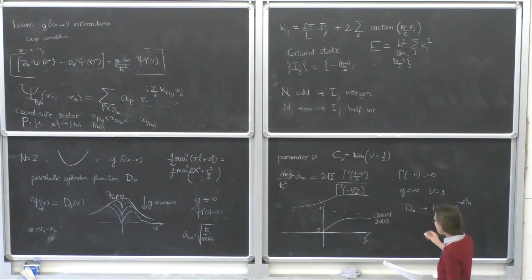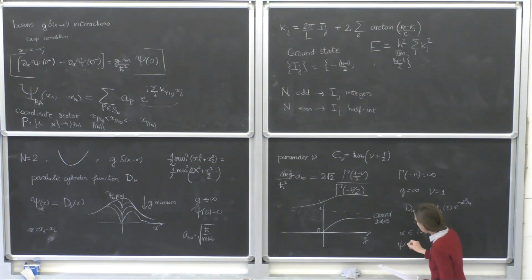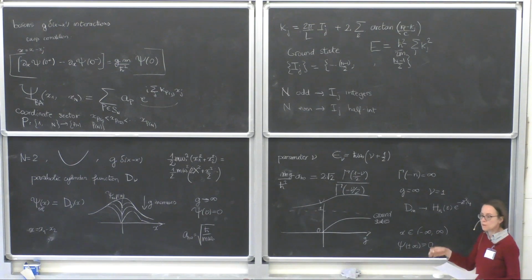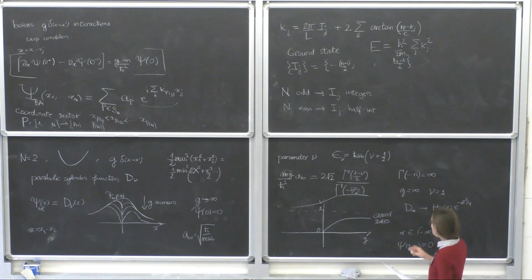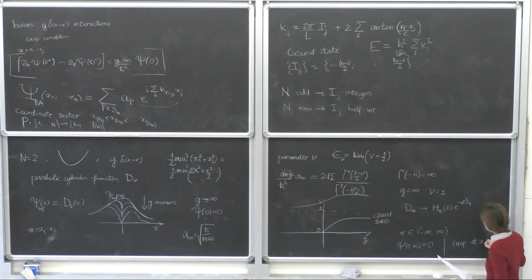No, I am working on the whole interval from minus infinity to infinity in the continuum, and I impose that the wave function at plus or minus infinity vanishes, as when you solve the problem of a single particle in a harmonic oscillator. And the other condition that I impose, of course, is the cusp condition at x equals 0.